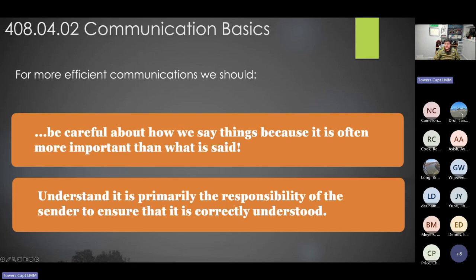So for more efficient communications, we should be careful about how we say things because it's often more important than what is said. And we also need to understand it is primarily the responsibility of the sender to ensure that the message is correctly understood. So the tone, body language, and the words we emphasize can completely change the way that the message is interpreted.